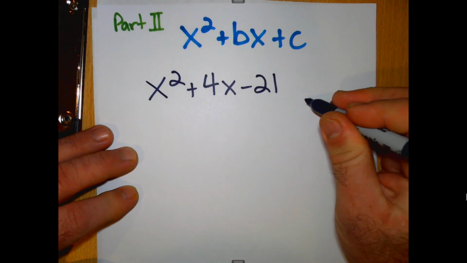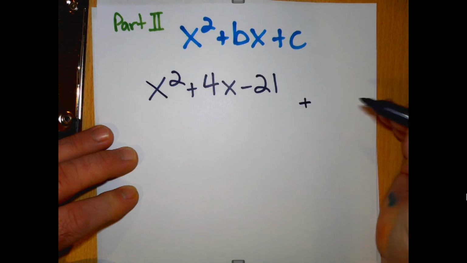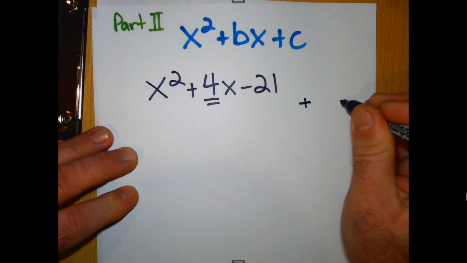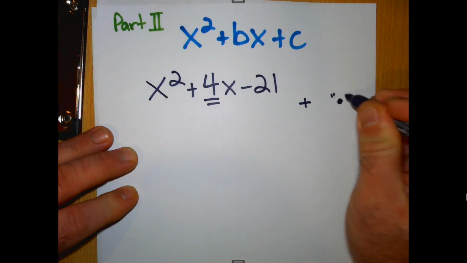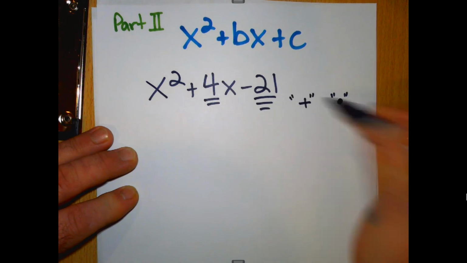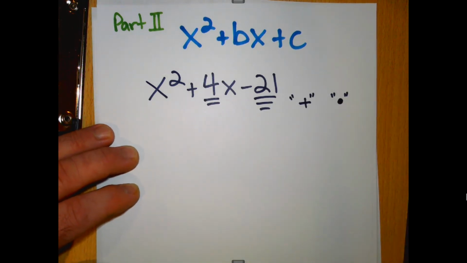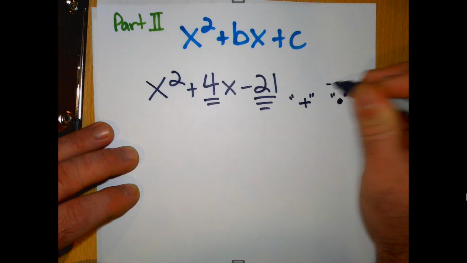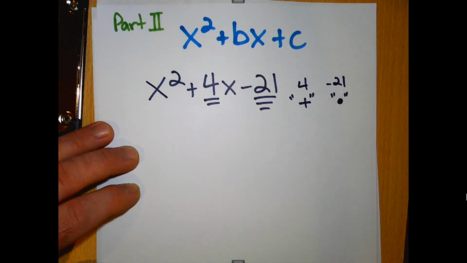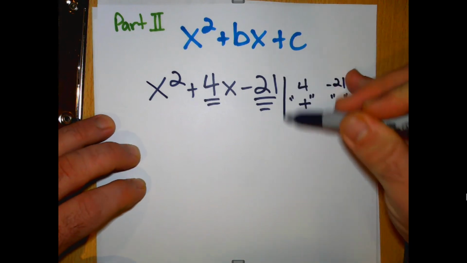When these two terms are added together, they're going to equal the middle term, but when multiplied together, they're going to equal the third term, which we should note is negative 21. The middle term is positive 4.